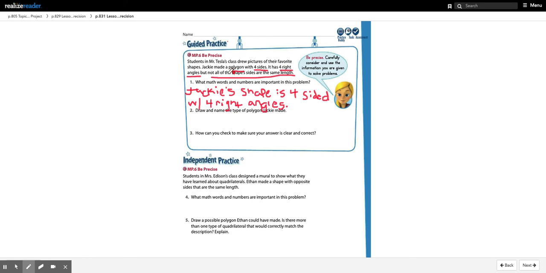If you're also thinking not all the shape sides are the same length, is right too. And I'm running out of room.